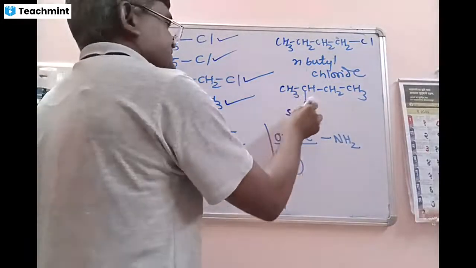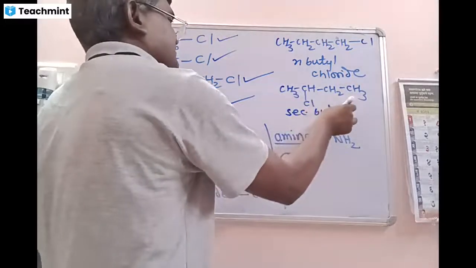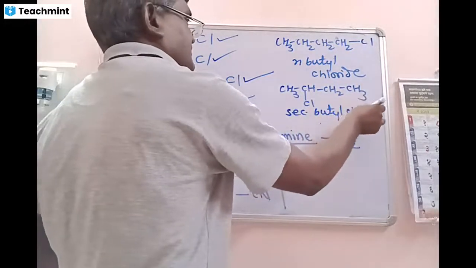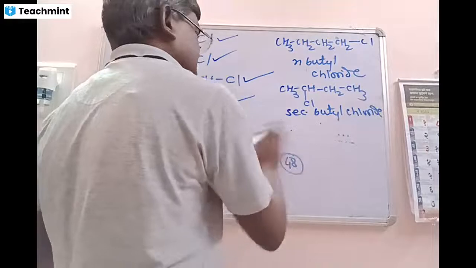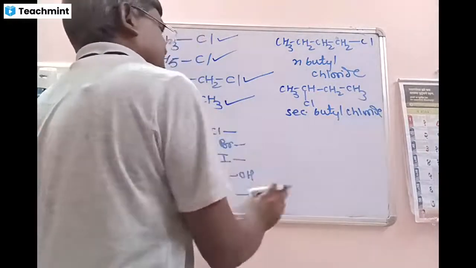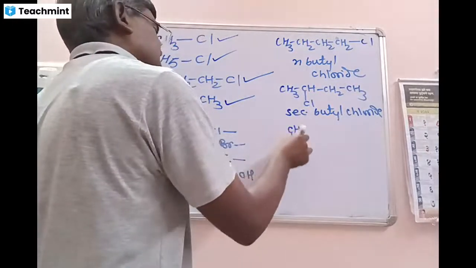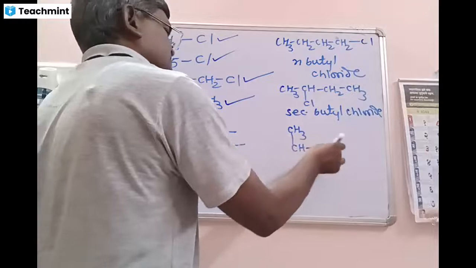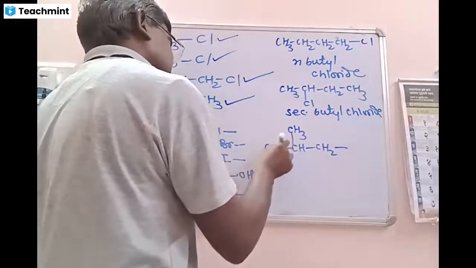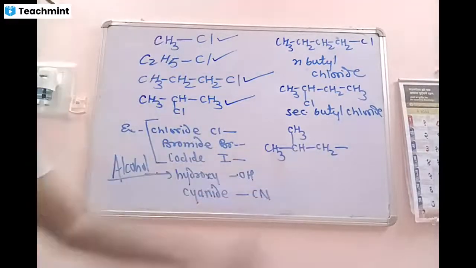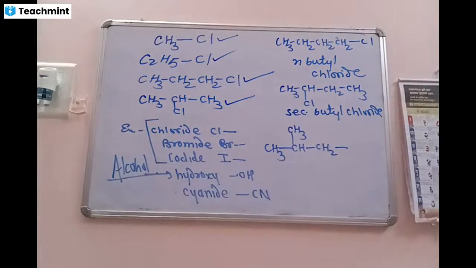This one is secondary butyl chloride. Then you can go for this. Yes, what is the name of this part? Isobutyl.